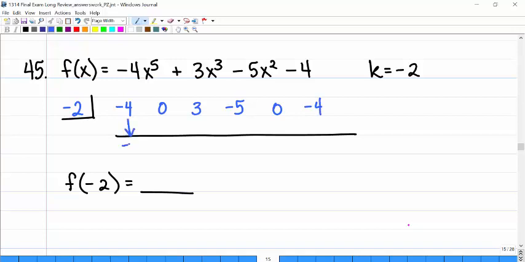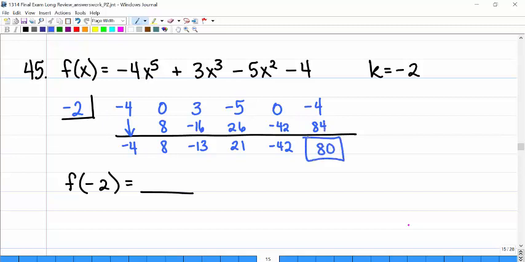Drop it down. -4 times -2 is 8. 8 times -2 is -16. -13 times -2 is 26. 21 times -2 is -42. -42 times -2 is 84.